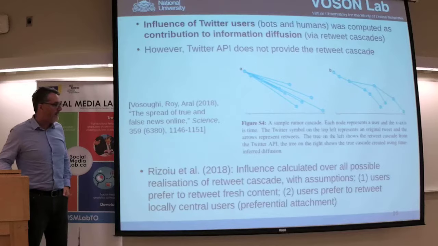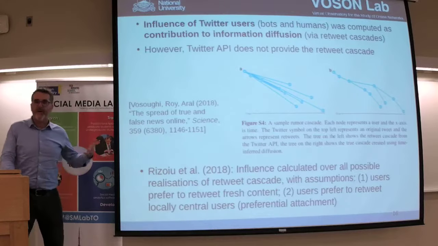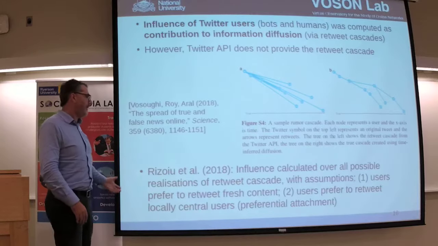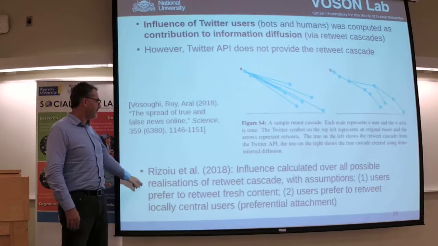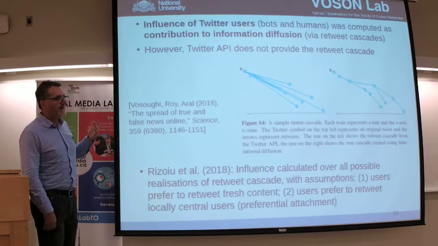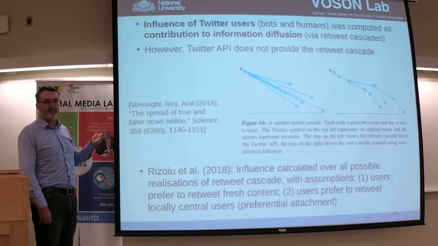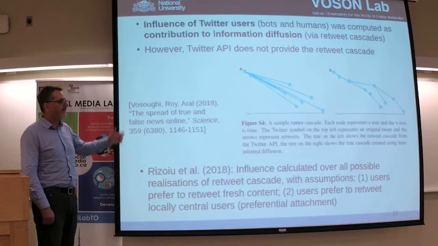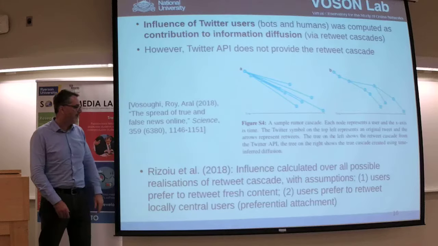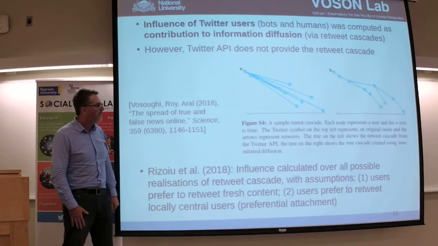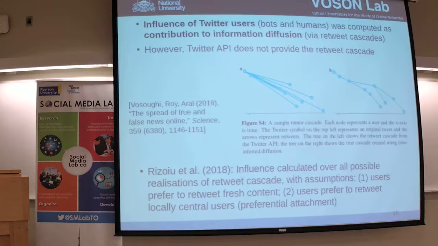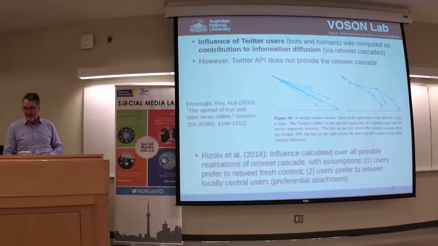And there are weights on various potential cascades based on information such as the fact that users prefer to retweet fresh content. So you're more likely to have retweeted something that you've just seen recently as opposed to something you might have seen a long time ago. Users prefer to retweet locally central users, so this is preferential attachment. I won't go into the mathematics of it. I would not be qualified to tell you about that, but that's what this paper did.